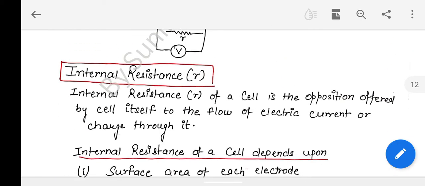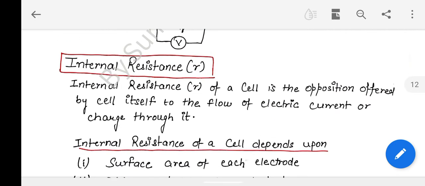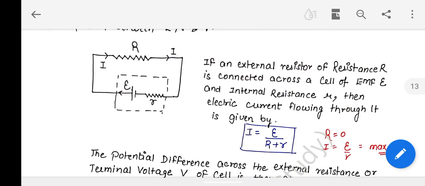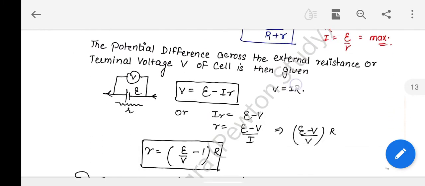So internal resistance, denoted by small r, is basically the resistance offered by the electrochemical cell. The resistance inside the cell itself is called internal resistance. Okay, so what is the relationship between E, V and small r?